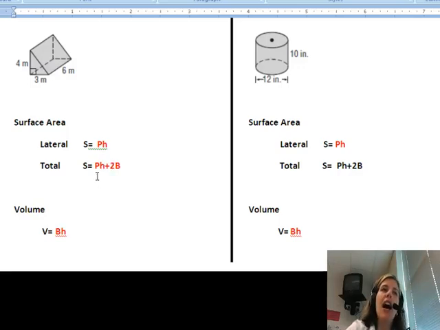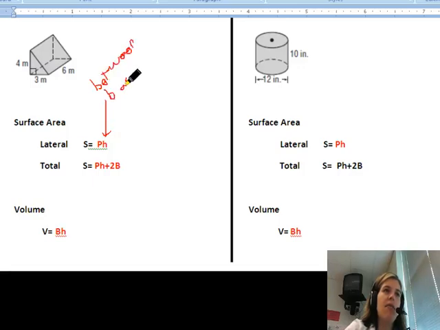Well, H is clearly the height, but what I want you to recognize with that height is it's not necessarily how tall it is off the ground, because notice this one's not sitting on its bases. It's the distance between the bases. So we're going to make a little note here, and we're going to say that height is between the bases.